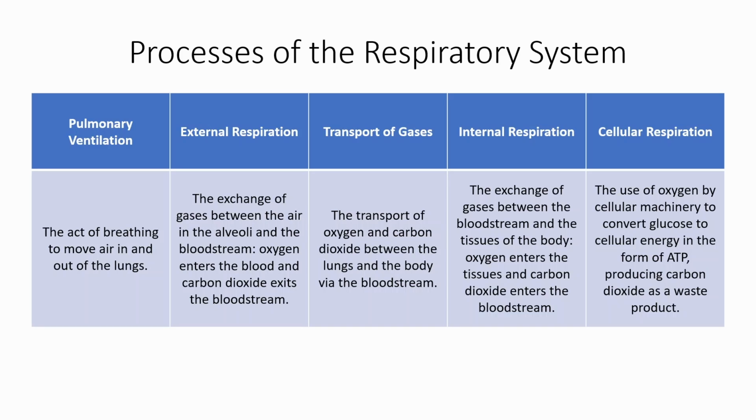And then internal respiration is going to be the exchange done between the bloodstream and the tissues. So pulling up the waste, the carbon dioxide created by the tissues, and putting that in the bloodstream, and then giving the tissues the oxygen from the blood. And then cellular respiration, this is what's happening in like the mitochondria, right, deep inside of a cell, where they're using that oxygen to produce ATP.